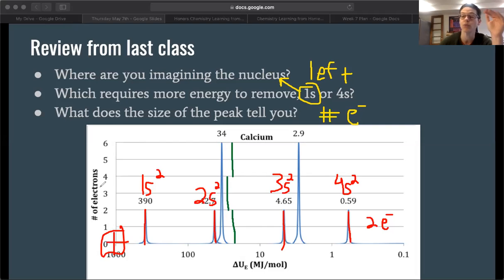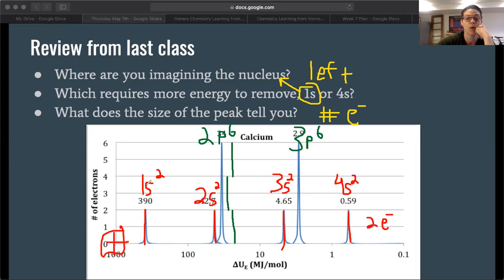This represents 6 electrons because it is 3 times this smaller red line. P is what holds our 6 electrons, so that's a P6. This is the same height, so that must be a P6. This is going to be a 2p, and therefore this is going to be a 3p.